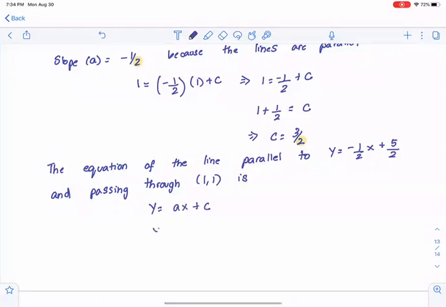We know the value of a. The slope has to be the same, so -1/2 x. And we found the value of c, which is 3/2. We can combine the numerators because we have a common denominator, so -x plus 3. And we can write it as 1/2 times -x plus 3.